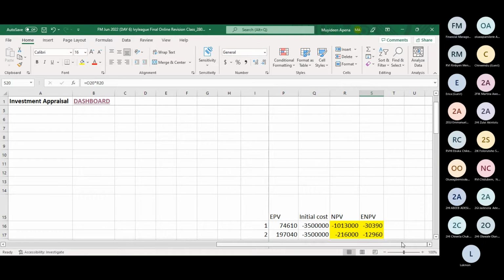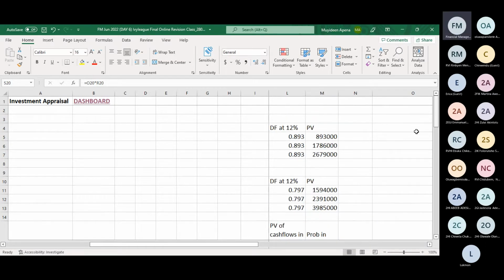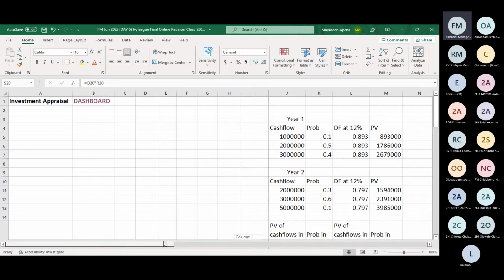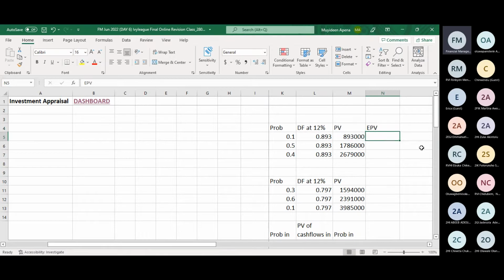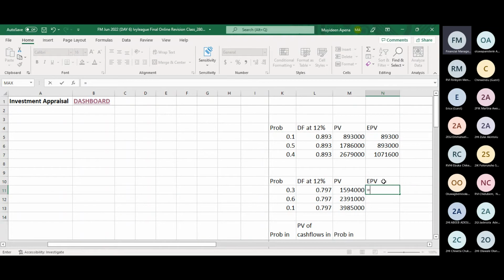In the usual way without using joint probabilities, what would you have done in this case? In year one, you would calculate the expected present value by multiplying present value by the probabilities, isn't it? You do the same for year two, probabilities multiplying the present value, and you get the expected present values.